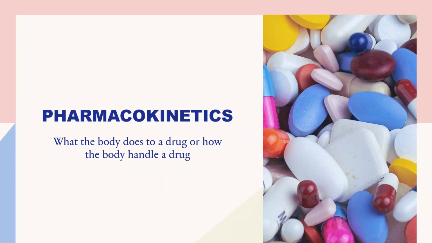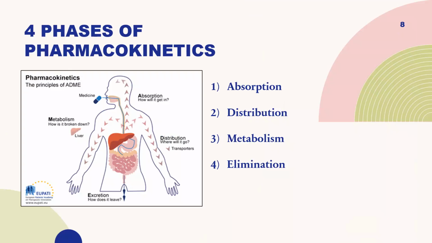Okay, so the first one is pharmacokinetics, which is what the body does to the drug or how the body handles a drug. So this one is really important to know as nurses. So let's go through what's going on. Pharmacokinetics has four main phases, which are absorption, distribution, metabolism, and elimination.